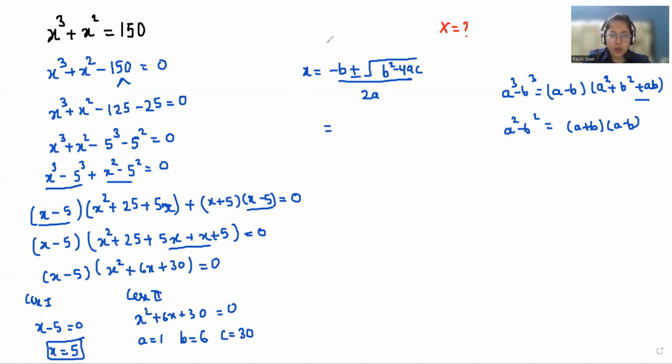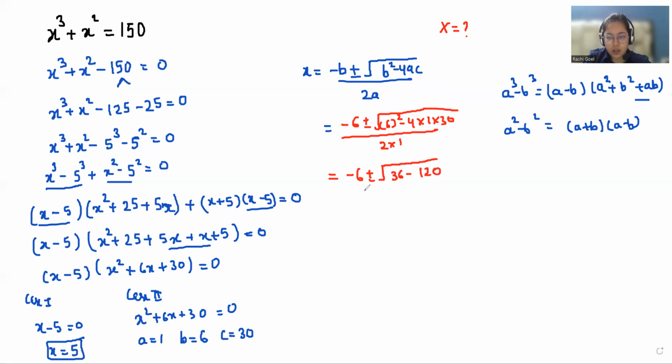So I'm going to put the values: minus 6 plus minus under root 6 square minus 4 times 1 times 30, divided by 2 times 1. So minus 6 plus minus under root 6 square is 36 minus 120, divided by 2, is equal to minus 6 plus minus under root 36 minus 120, that is minus 84, divided by 2.